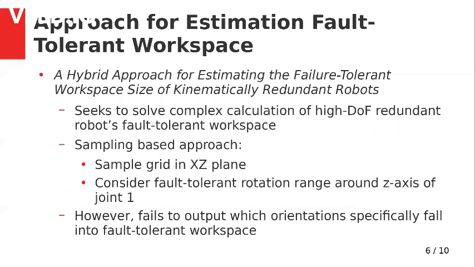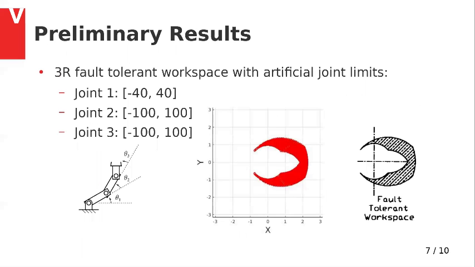A good example of this would be a paper that we are working on improving. They apply a sampling-based approach to reduce the complexity that's typically required for the fault tolerant workspace calculation of high degree of freedom robots. It doesn't give you the ability to determine whether or not a specific orientation was in the fault tolerant workspace.